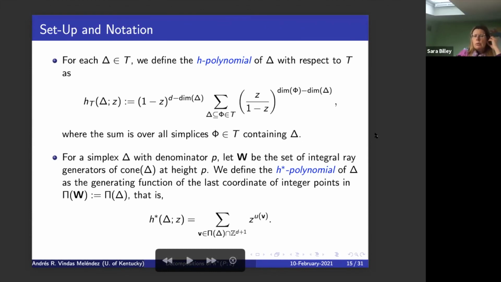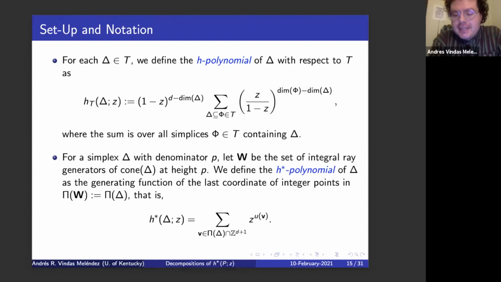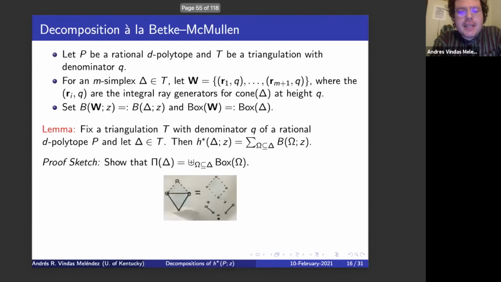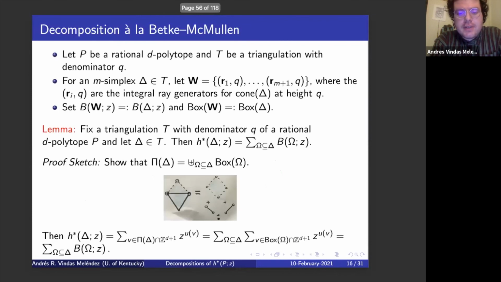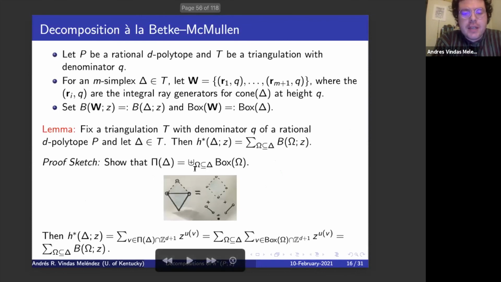I'm a little confused about what omega is while we're at that. So omega is these, sorry, I should have been a little bit more clear. It's every half open simplex in the fundamental box.